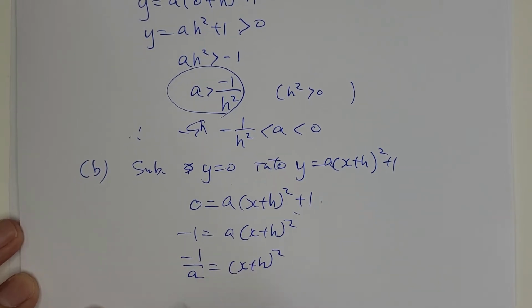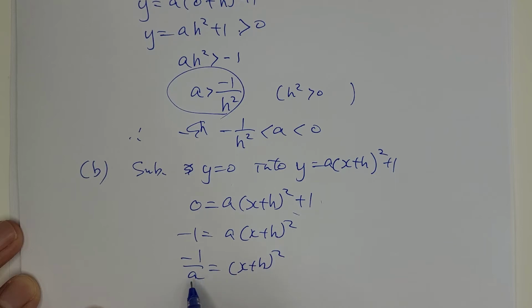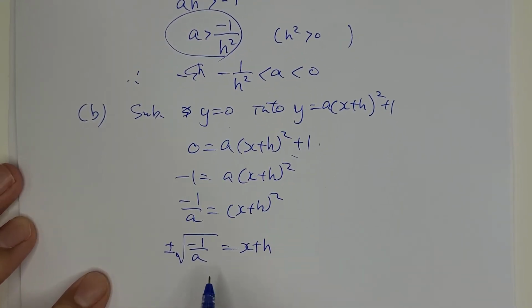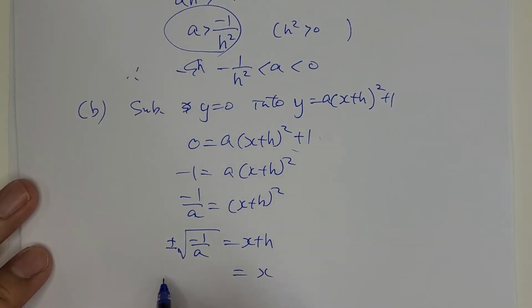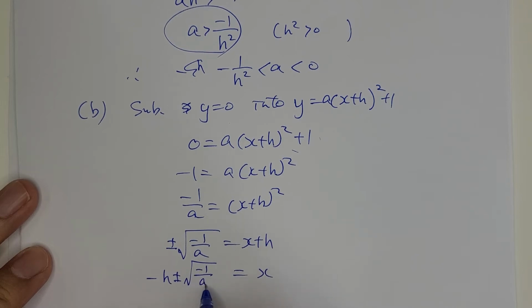It seems negative, but no, because a is negative, so the whole thing is positive. So you can take the square root, negative 1 over a, with plus or minus in front of it, because there are two possible answers, one positive square root and the other a negative square root. So you can find x now, that is negative h plus or minus square root of negative 1 over a. There's the x-intercept, okay?